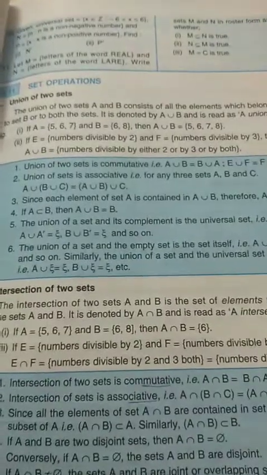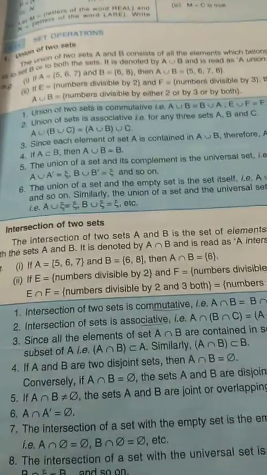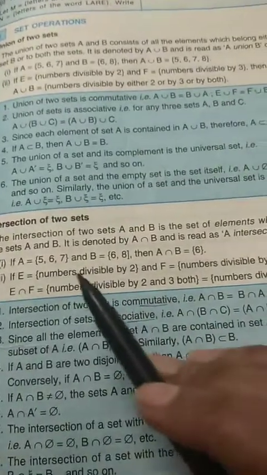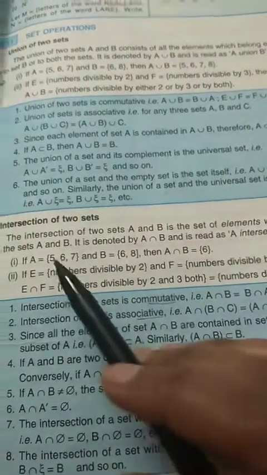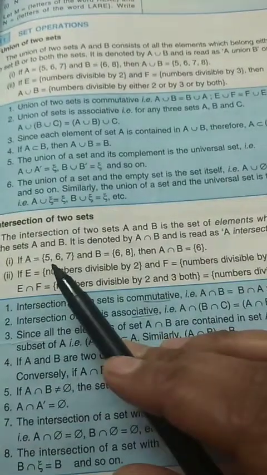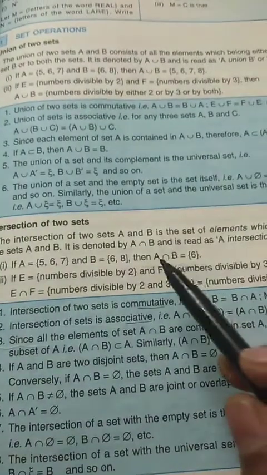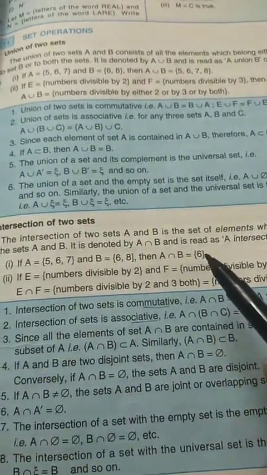Intersection of sets means you write only the common terms. Suppose A has elements 5, 6, 7 and B has 6, 8. So A intersection B will be 6.